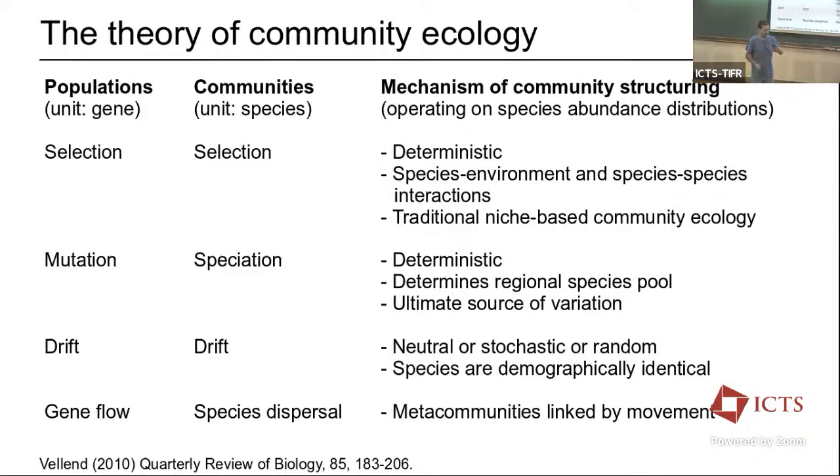It's probably not random at all, but there are things about that system that we don't understand. We don't understand why the species is changing in population size. We just put that into a convenient box called drift. And then you can have species moving from location to location. And so you've got changes in the abundance of species arising from dispersal.